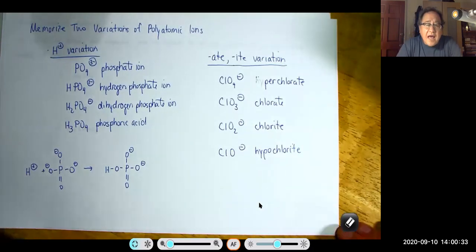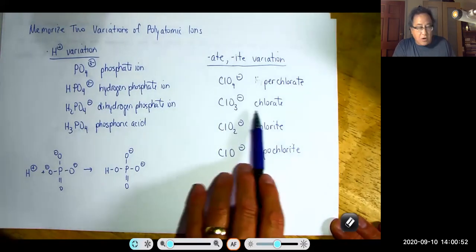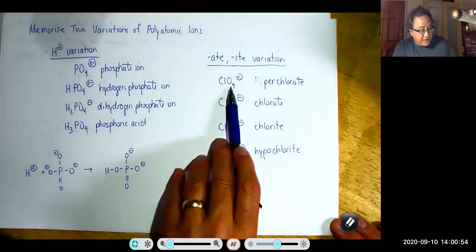Now, how do we call that? Well, because it's lower than chlorite, we call it hypochlorite. You've probably heard of hyperactive. Well, that's a kid bouncing off the wall all the time. Hypoactive means a kid who sleeps all the time. So we're talking teenager. All right. So what happens if you have one more oxygen, ClO4 -1?